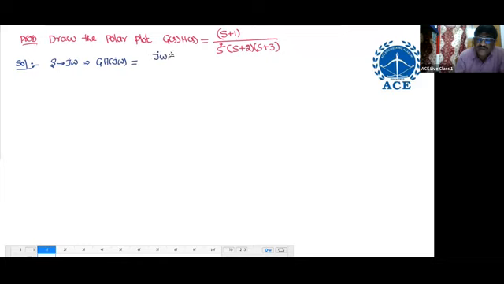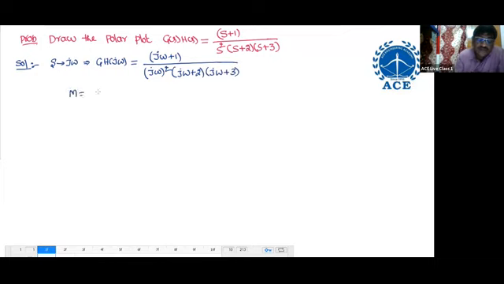So G(j omega)H(j omega) equals (j omega plus 1) by (j omega) whole square into (j omega plus 2) into (j omega plus 3).